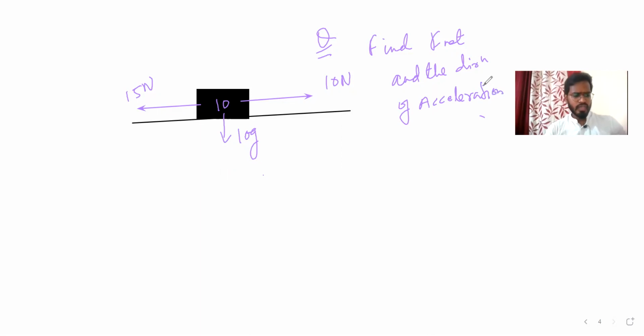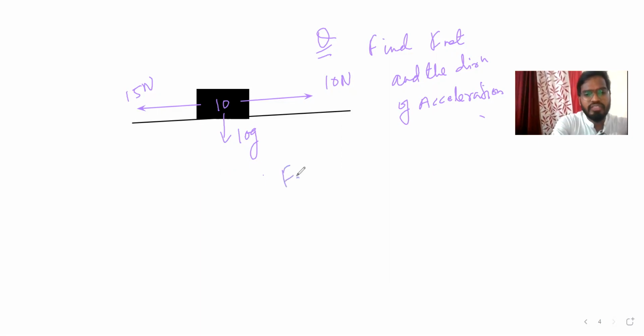If you want to find the direction of acceleration as well as the net force, it is easy, right? What we are supposed to do: 10 Newton is lesser than 15 Newton, right? So we can say net force is going to be 15 Newton minus 10 Newton. So it is going to be 5 Newton, right?